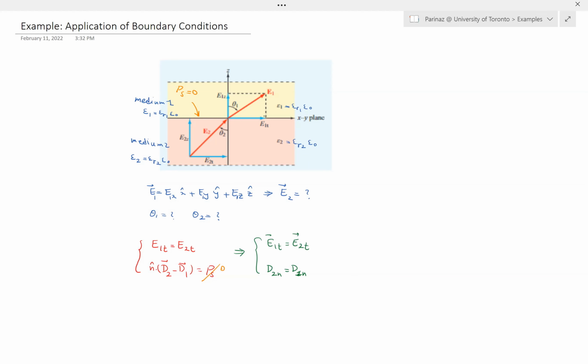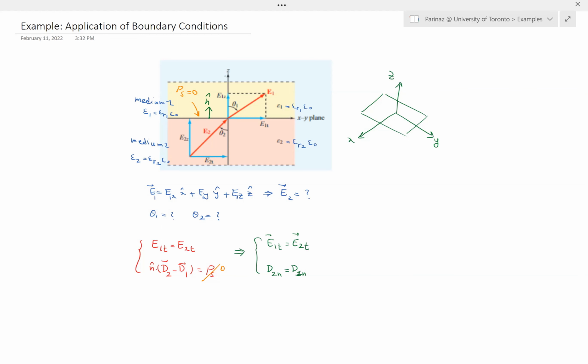Looking at the surface, which is lying in the XY plane, this is our XY plane, this is our Z. What is the normal component of the surface? That's the first thing you should do: find the normal, n hat here. What is going to be n hat? N hat is exactly in the Z hat direction.